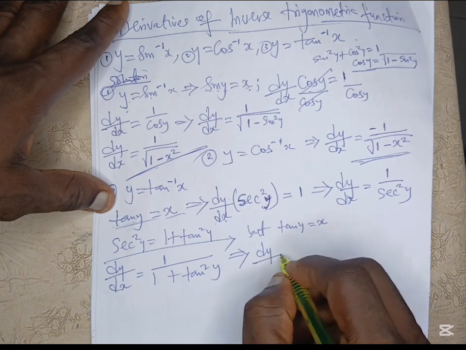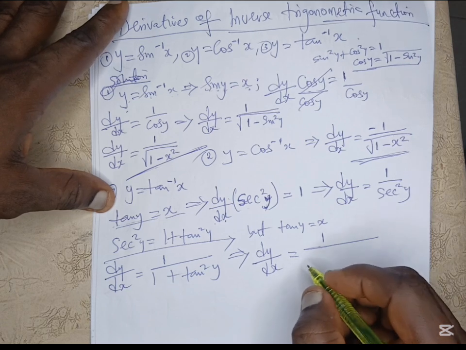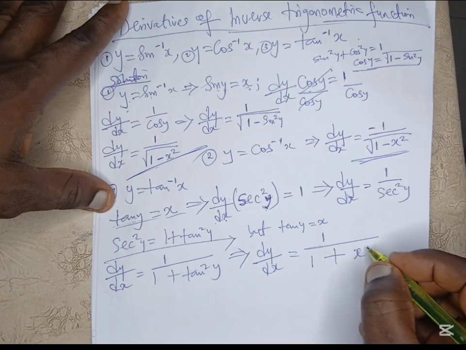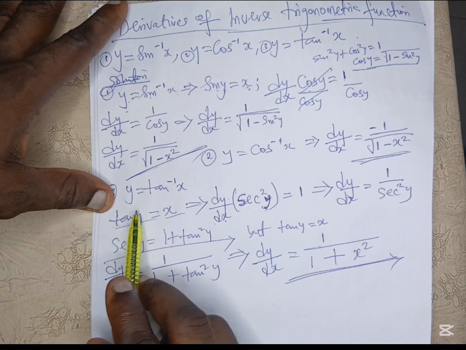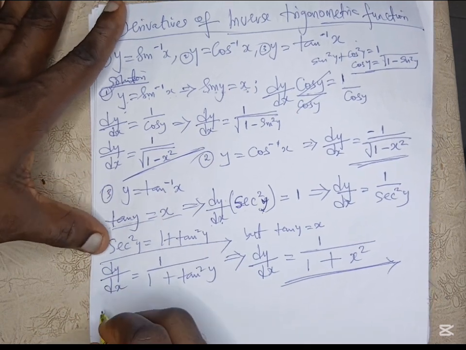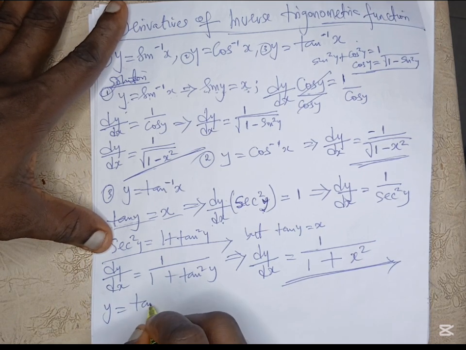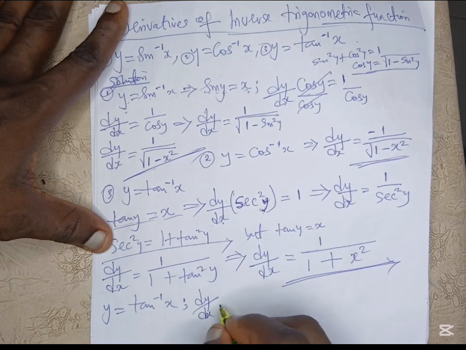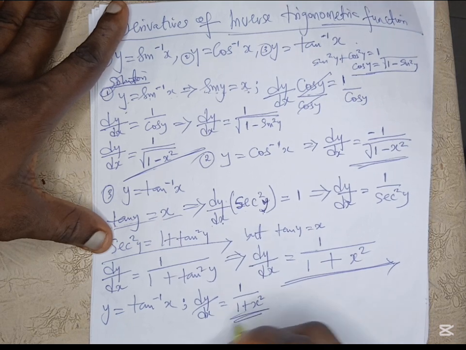So dy/dx is equal to 1 all over 1 plus x squared. So in summary, if you're asked to differentiate tan inverse of x, dy/dx will give us 1 over 1 plus x squared.